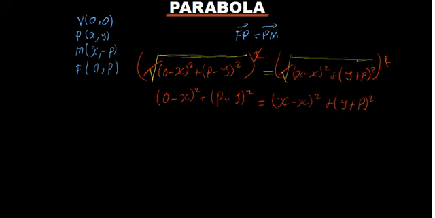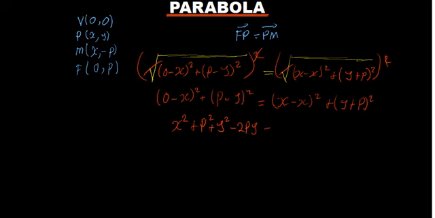So 0 minus x gives us minus x, so when we square it, that would be x squared. Expanding what we have here, we get plus p squared plus y squared minus 2py, is equal to what we have on the other side.